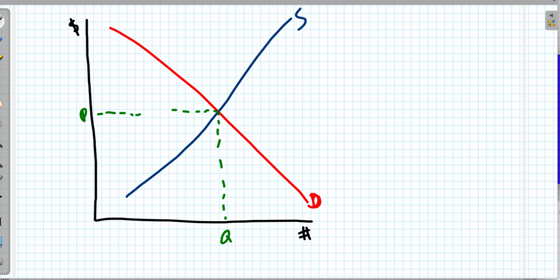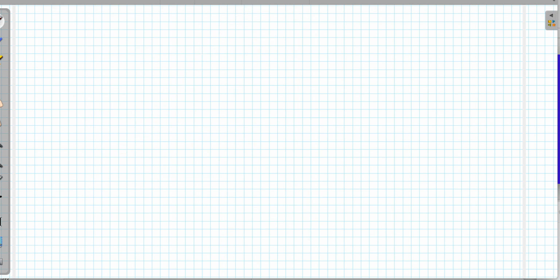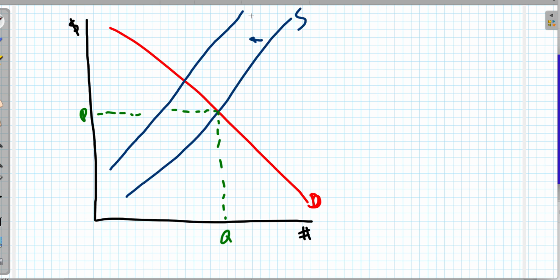And the way the tax shows up on here is we get a new supply curve. This is going to be our supply with tax curve. Supply plus tax. And the tax is going to be this amount right here.